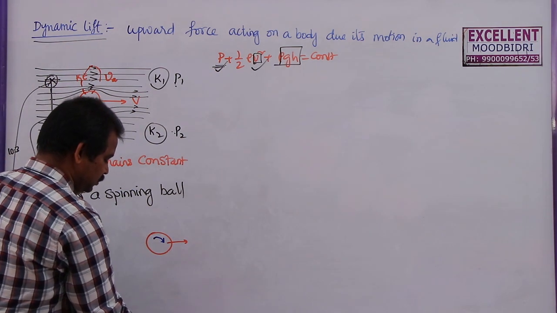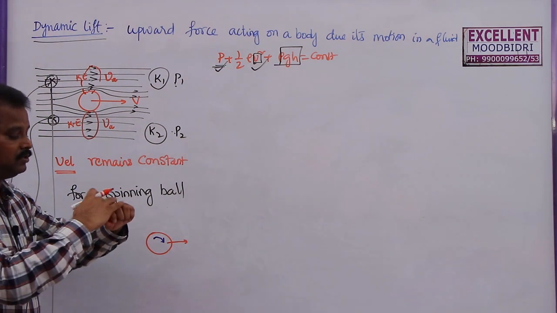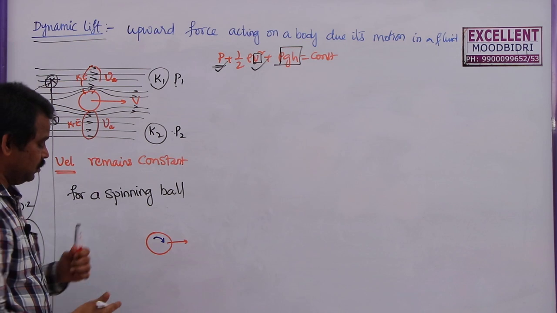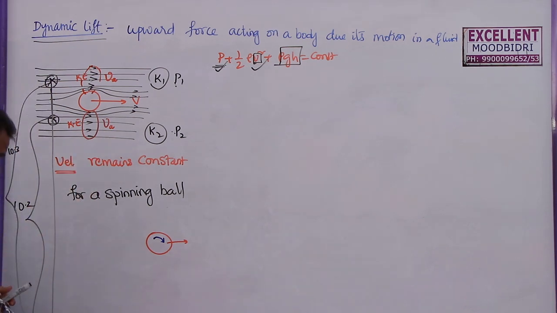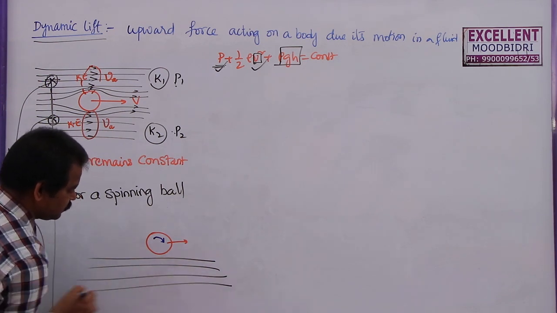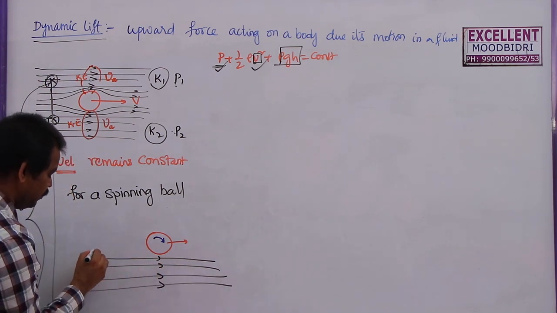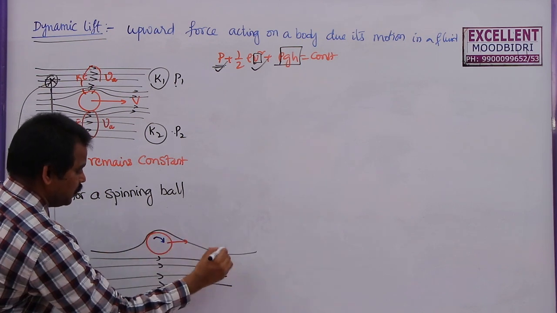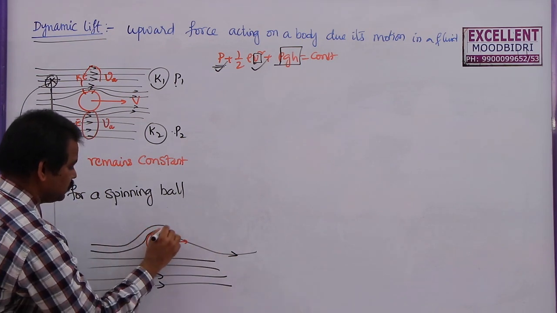When it is spinning, generally the surface of the ball will be rough. So this rough surface will drag the air with it. The pattern of the streamlines below the ball remains as it is like this. But this streamline will be dragged by the ball, so it will flow like this.